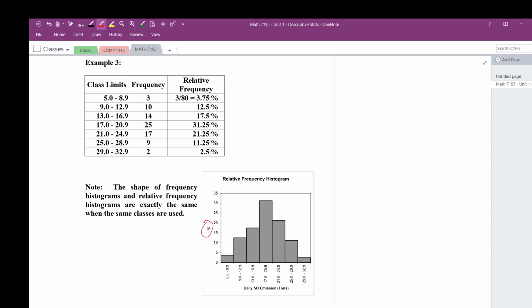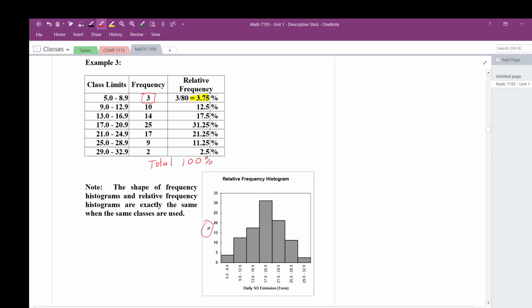To convert all those values to percent, the first class there had a frequency of 3. There were 80 in total, so that's 3.75% of all the data. When you add all those percentages up, you better end up with 100%.